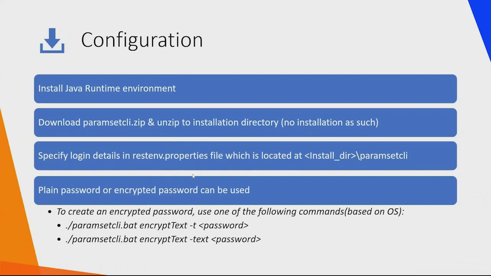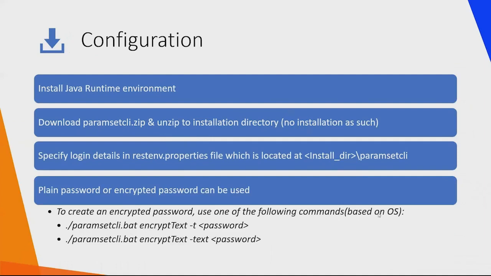In this property file, you have to pass your cloud IICS username and the password, and when you pass the password, you can pass either the plain password or the encrypted password. If you want to send an encrypted password, below is the command to encrypt it.